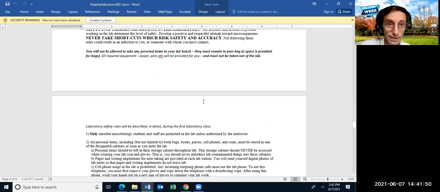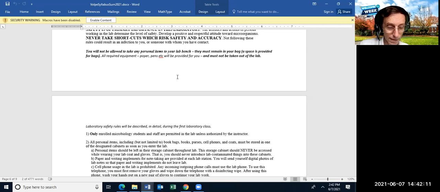So nothing is taken into the lab because that can bring in things, and anything that is brought into the lab, like a pencil or a pen, has to stay in the lab. And you cannot take them out of the lab until they are treated, either in bleach or in the autoclave.